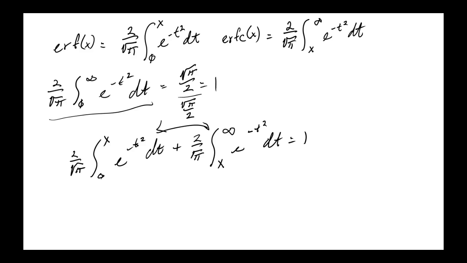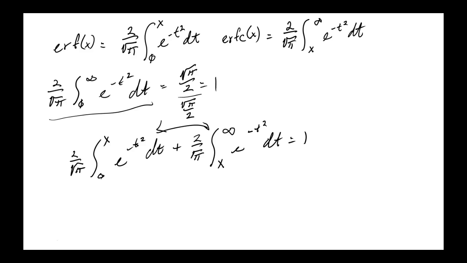This perhaps sounds like gobbledygook, but think of the bell curve. Probability under the bell curve is supposed to be 1. That's what this is saying right there.